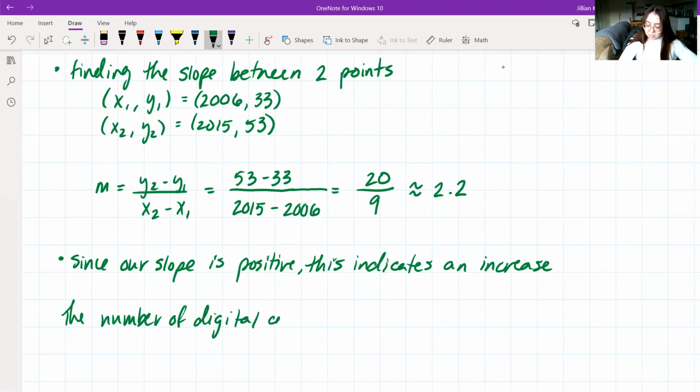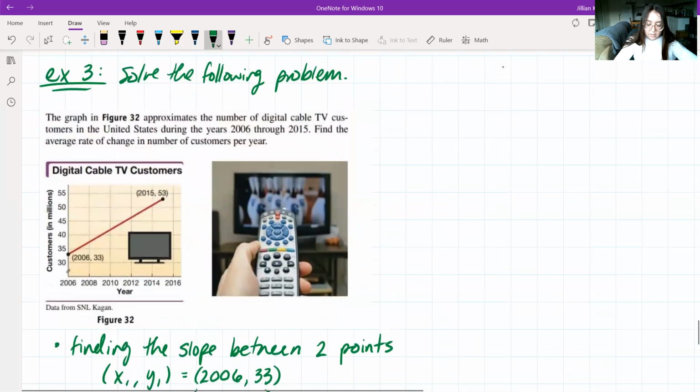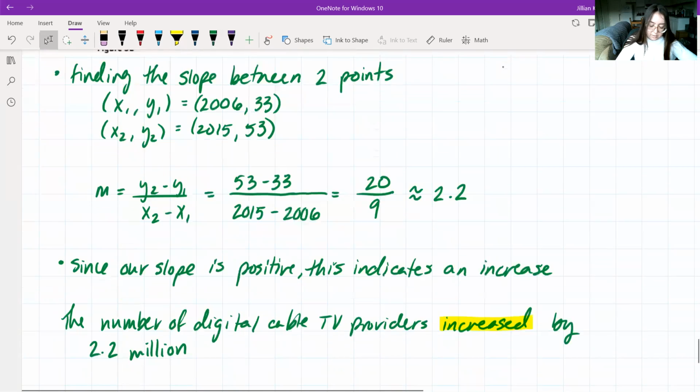So when we give our final answer, we say that the number of digital cable TV providers increased by 2.2 million, because we had our answers here in millions, or our customers in millions.